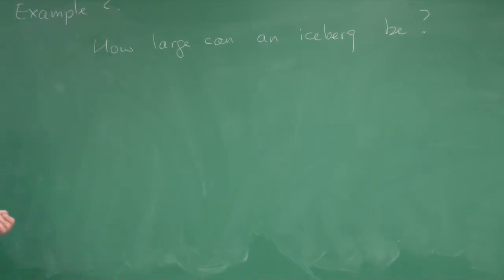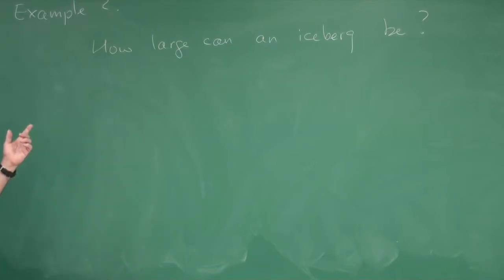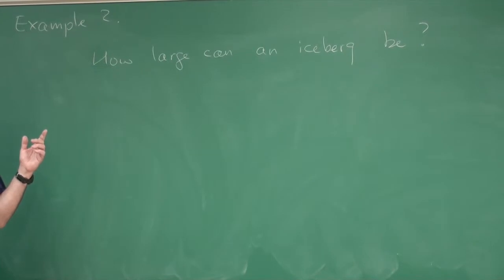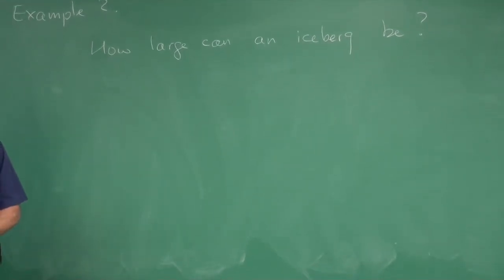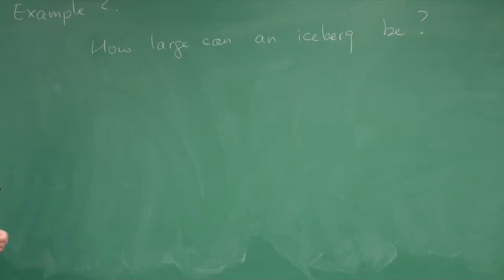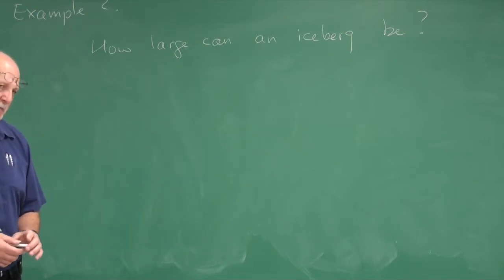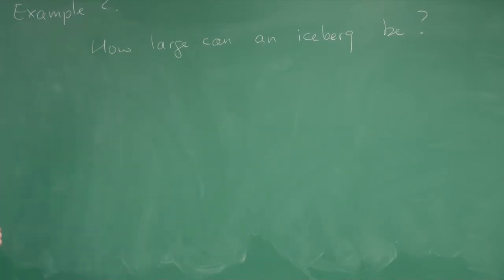So the minimum size is pretty easy to determine. Maximum size is more interesting. So are we talking about the part above the sea level or the whole part? If you know one, you kind of know the other. Yeah, fine. Okay.